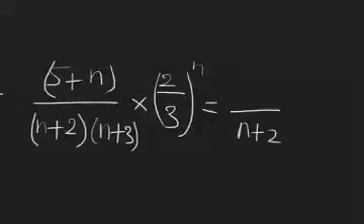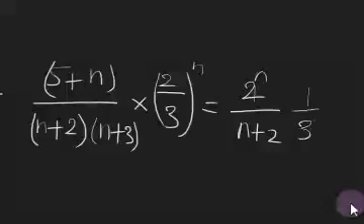Here you have a 3 on the denominator, so on the numerator there was a 3 here. That 3 goes with one of the 3's of this factor, right? Then here you have 2 to the power n, and here you have 3 to the power n minus 1.